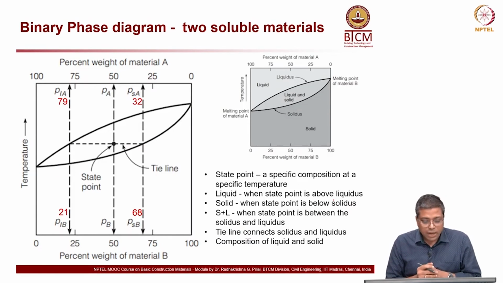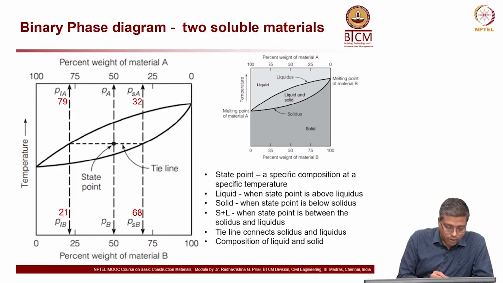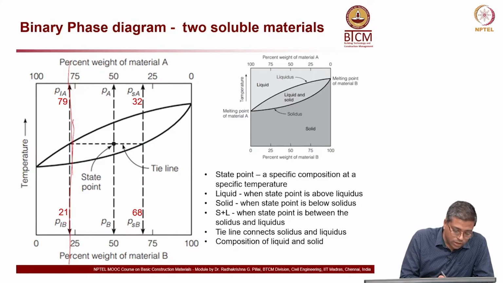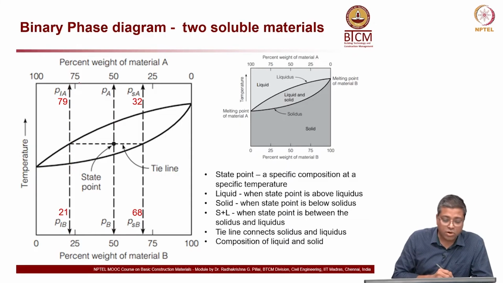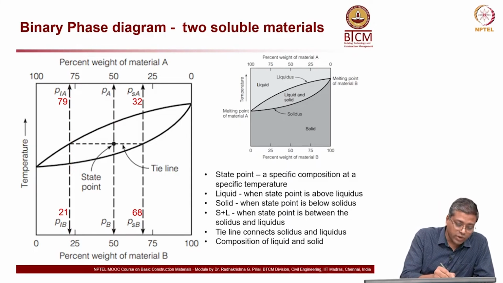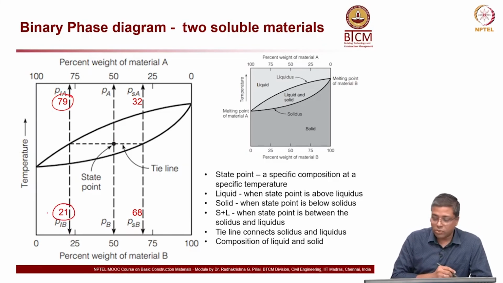Now the same diagram, a little bit more with an example here. Let's take a composition along this line, where you have the percentage of A and the percentage of B. You have 79% A and 21% B on this line.